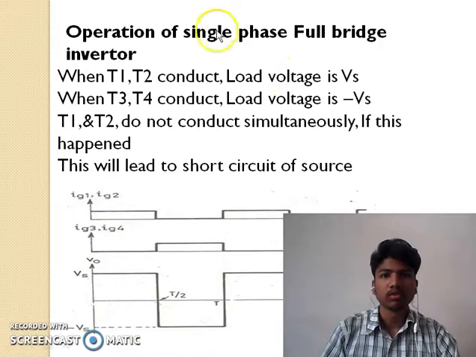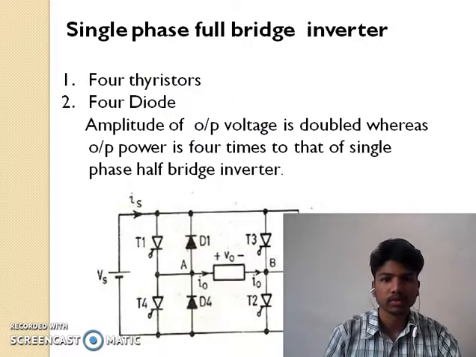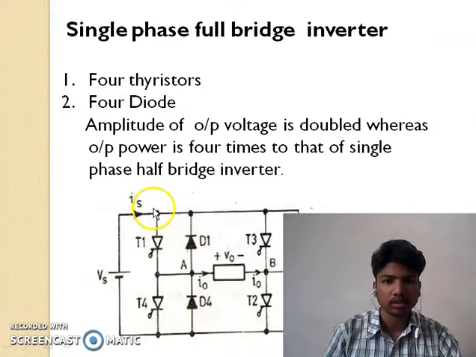Here is the operation of the single-phase full-bridge inverter. When T1 and T2 conduct, the load voltage is Vs. Here we see that T1 and T2 are conducting.